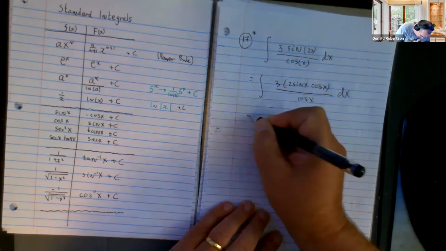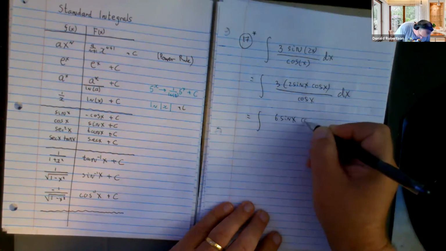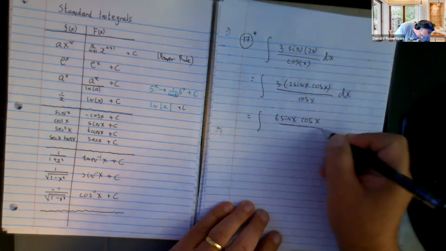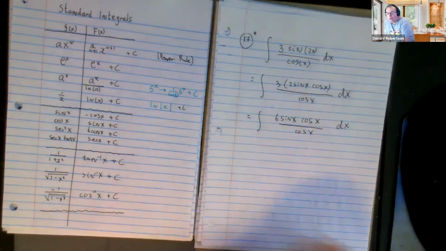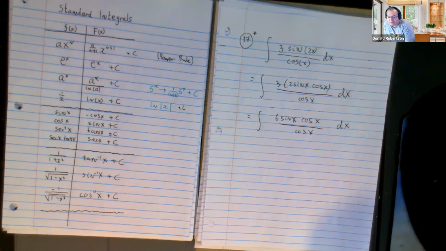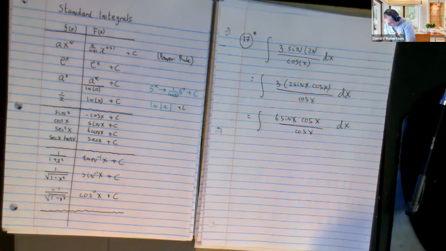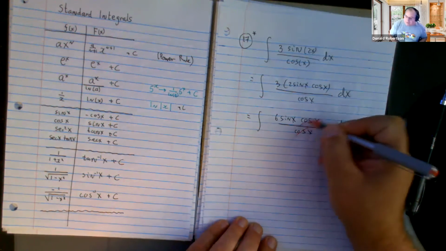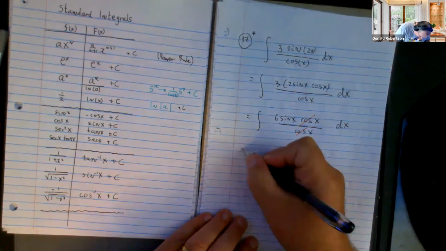And that now becomes 6 sine x cosine x over cosine x. Now, hopefully you see something really nice happening here. Can you see something really nice happening? Right, they cancel.